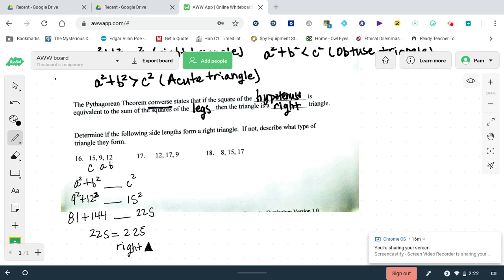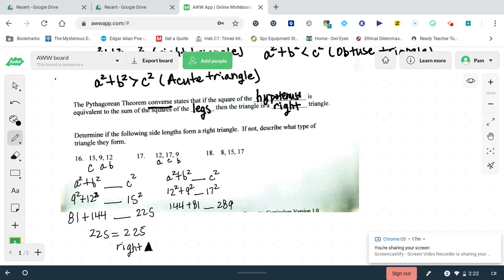All right, now let's take a look at these. The longest one here is c, 17. So I'm going to let that be c, and the others be a and b. I'm going to compare a squared plus b squared to c squared. So a is 12: 12 squared plus 9 squared, compared to 17 squared. That's 144 plus 81, compared to 289.